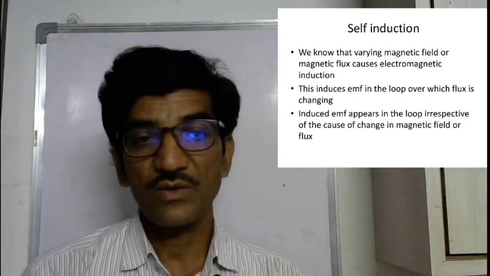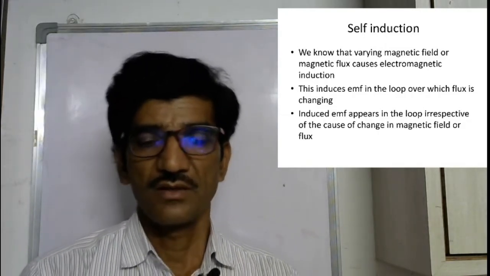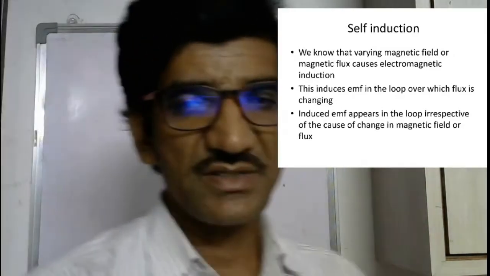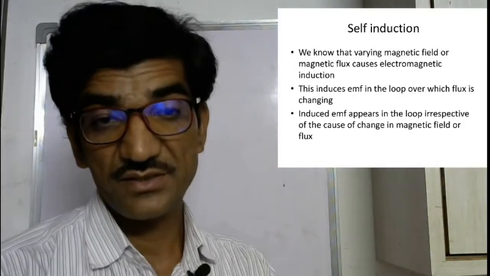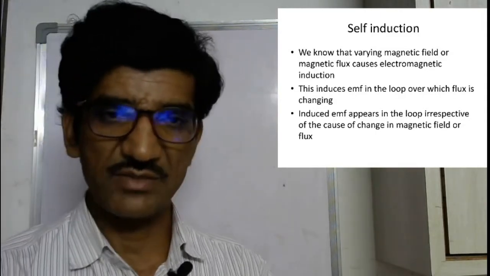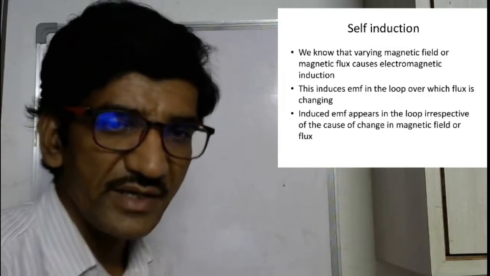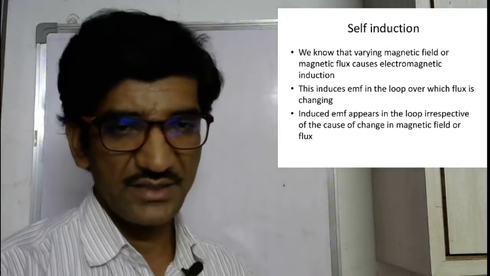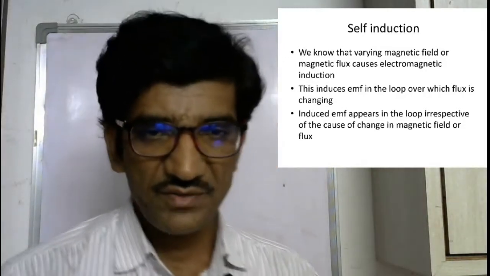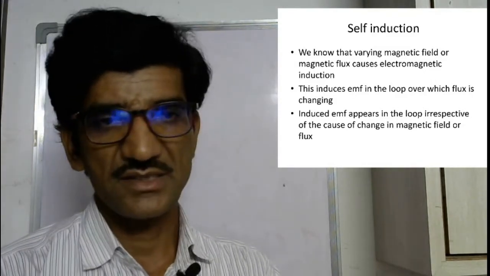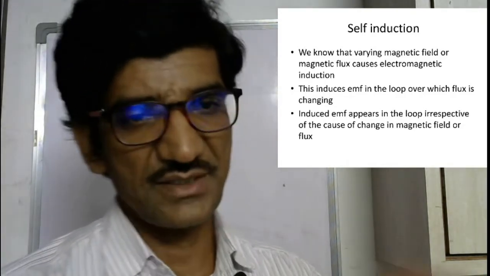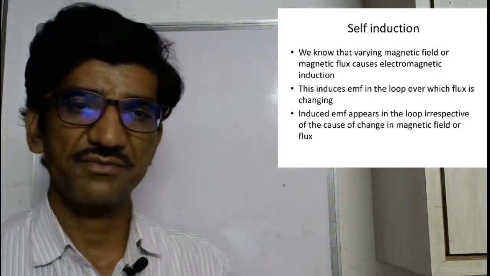Here we are only talking about varying magnetic flux or varying magnetic field. In the previous lecture we discussed the ways to create a varying magnetic field. You may select one permanent magnet, or you may take a coil in which some current is flowing. In the first case you are taking the permanent magnet; in the second case you are taking the electromagnet. In these two cases you may get a varying magnetic field.